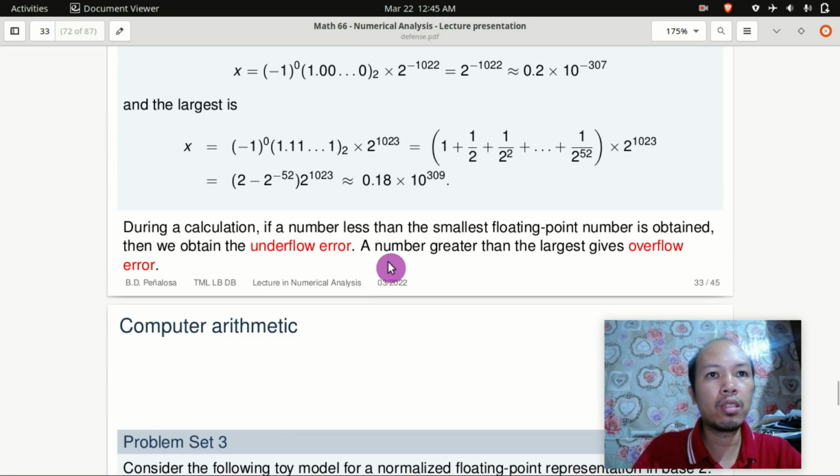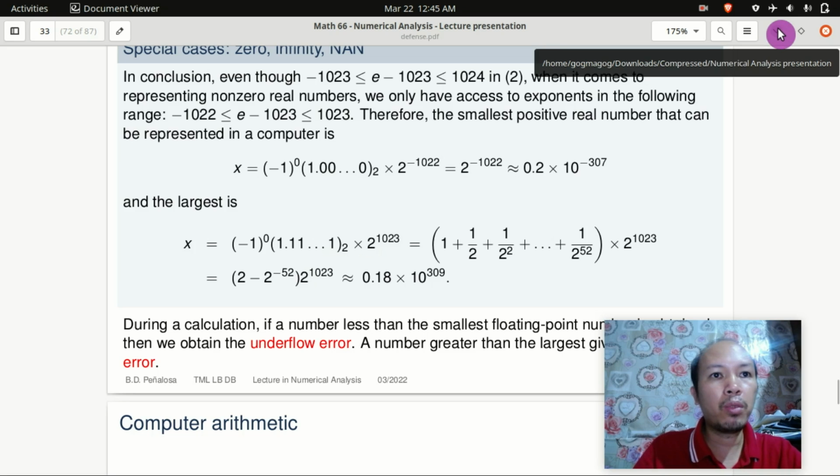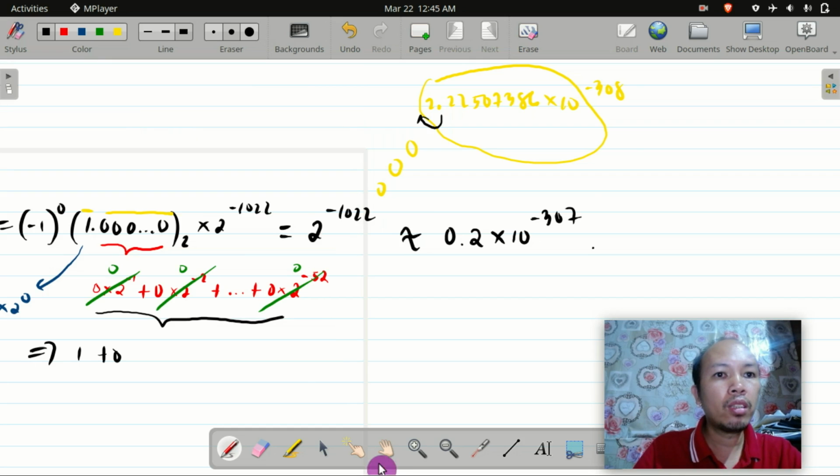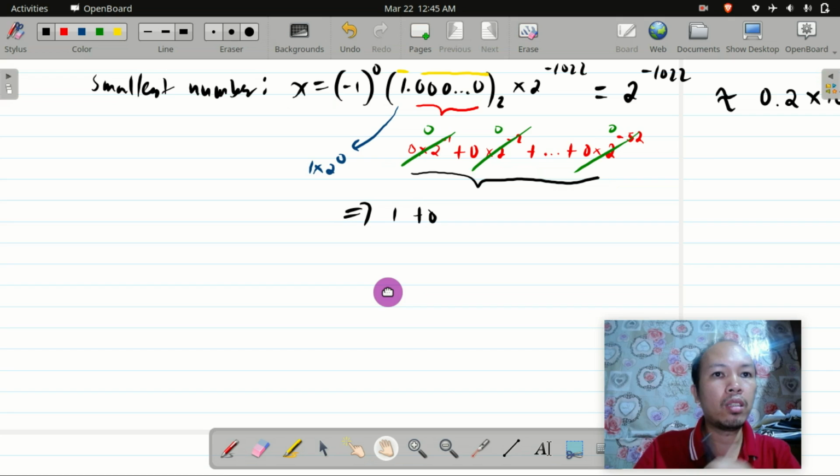So how do we get this expression here? This is very easy. The largest would be all equal to 1, the fractional part. So if you have this one here, I hope you will be able to get it.